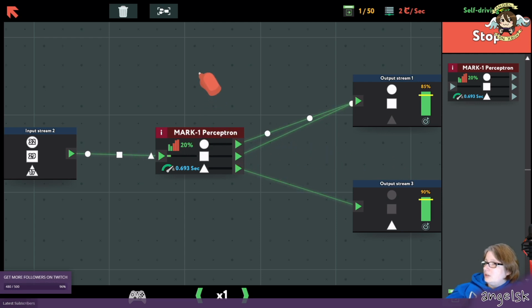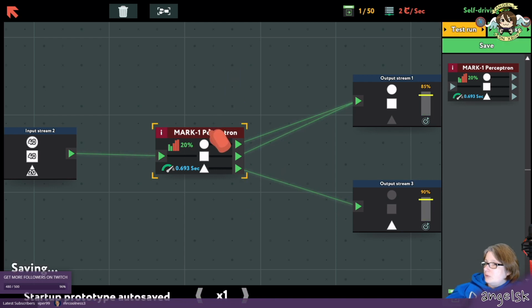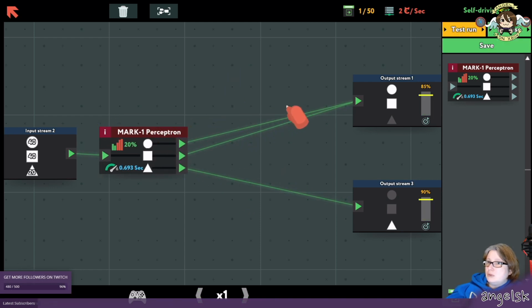Could we filter it again, because we're still getting squares going... Oh, no, we do want squares going up here. We're still getting circles and stuff coming down here. What happens if we put some more nodes in?